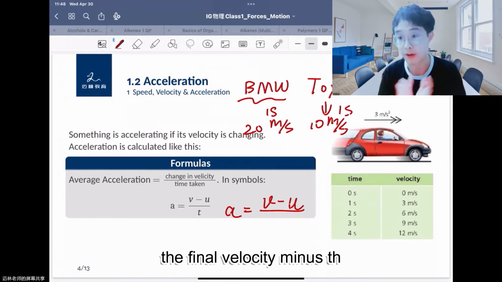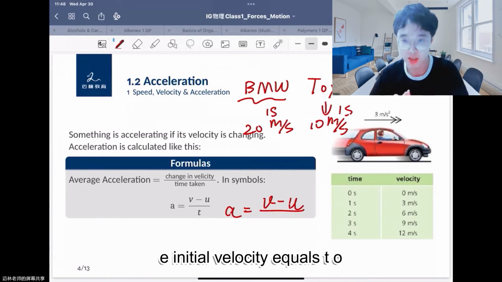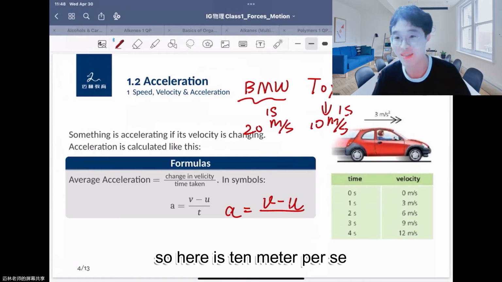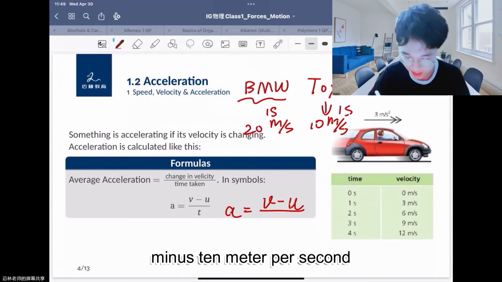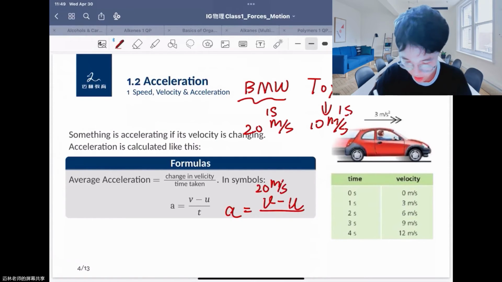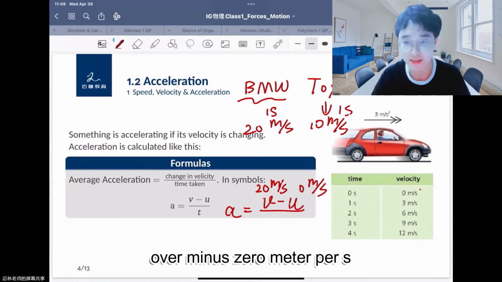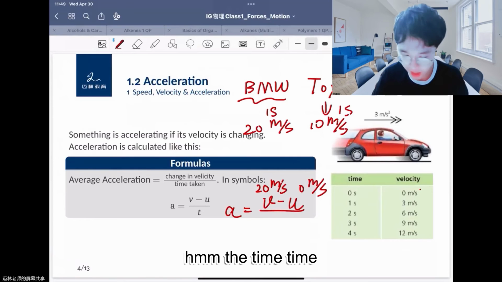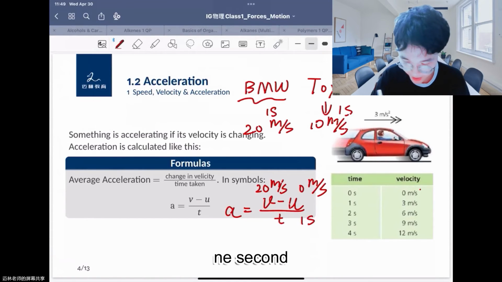So the final velocity minus the initial velocity equals the velocity change of the car, right? So here is 20 meters per second minus 0 meters per second, over the time taken. Time taken here is 1 second.